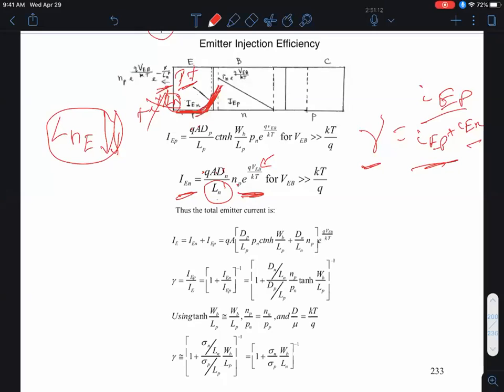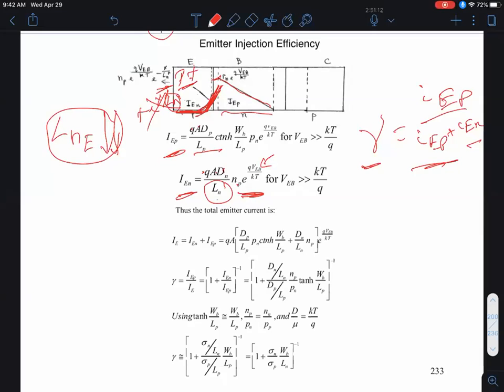How about IEP? Well, for the IEP now, let's assume that it's a perfect straight line, okay? If it's a perfect straight line, IEP is this concentration, which is this, divided by the base width, okay?